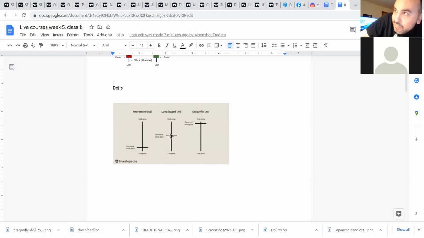Who's winning this one? On the gravestone, the bears are winning. On the middle one, it's even. Like I said, guys, think of it like a tug of war. So this would be indecisive.